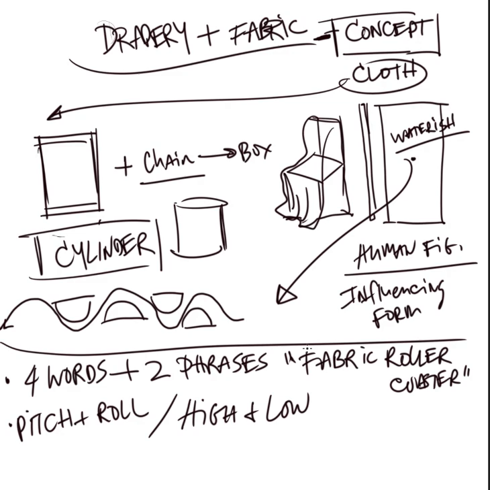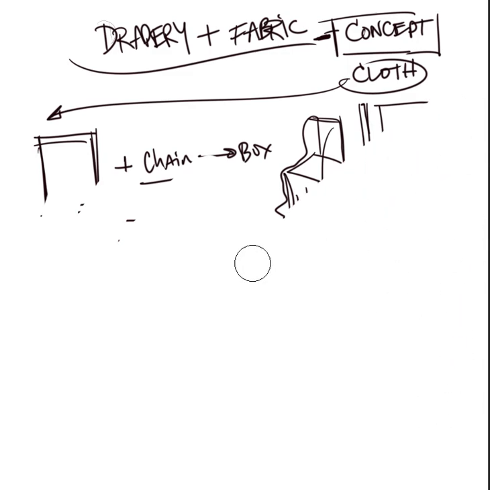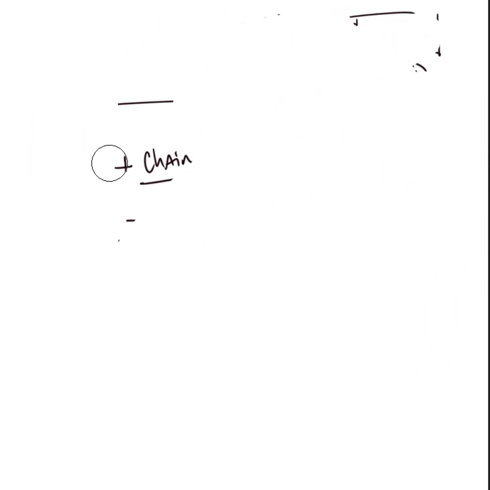What this means is that we're pitching and turning and rolling, and we're going high and low, and we're using the cylinder to influence our roller coaster on any drapery that we draw, which is going to be influenced by the things that can influence our drawing. Well, let's take a look at that. Let me erase this off a little bit, and we'll go to another sheet here. You can stop motion that and write those concepts down a little bit further as you're doing that.